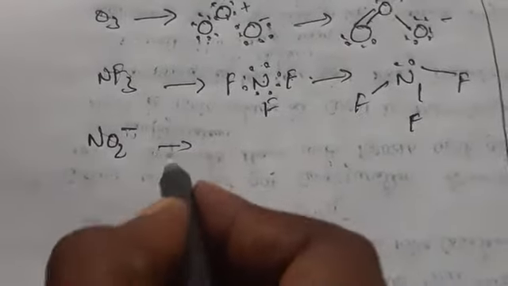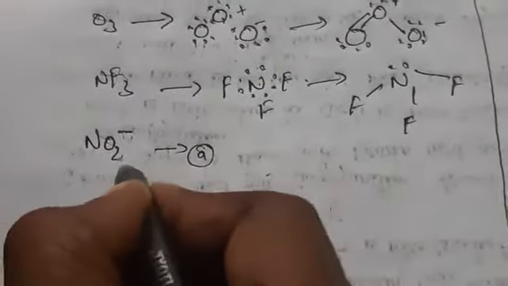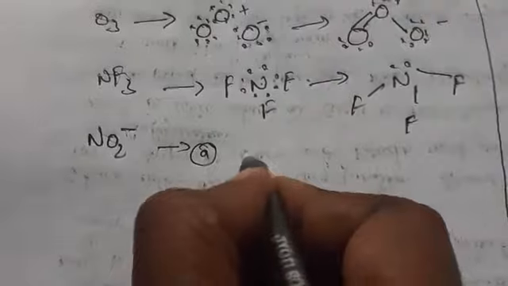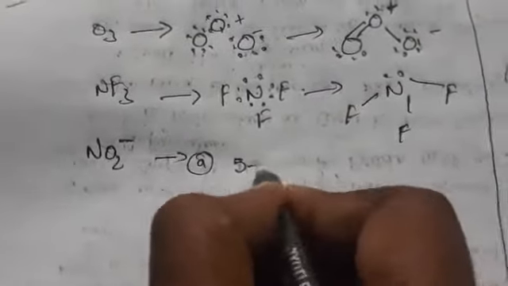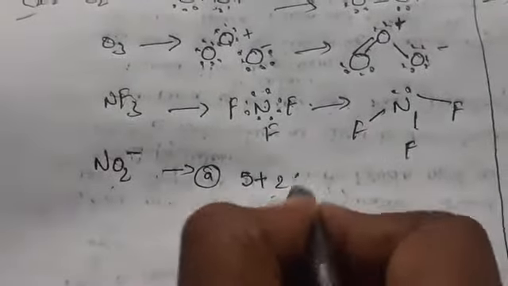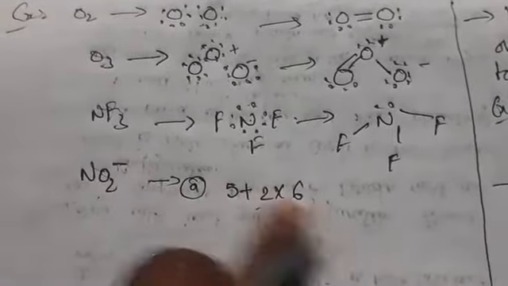Let us take a general example, NO2 minus. I will explain according to the rules. In the first step we count valence electrons: nitrogen has 5 valence electrons plus oxygen 2 times 6.